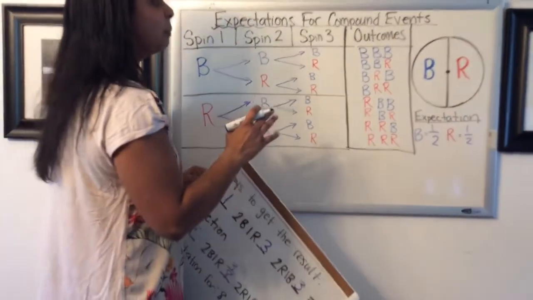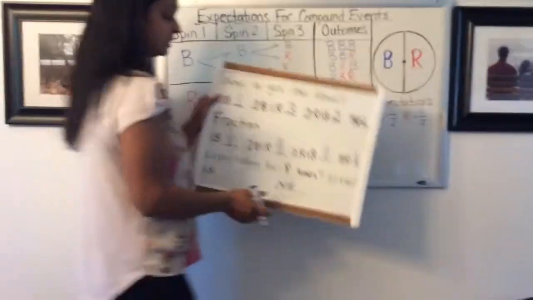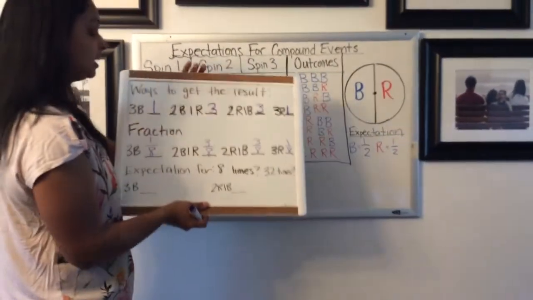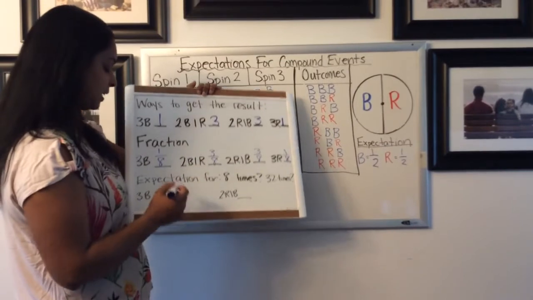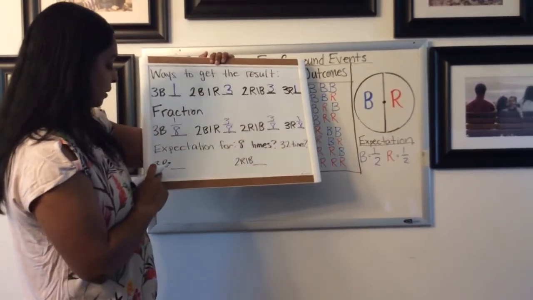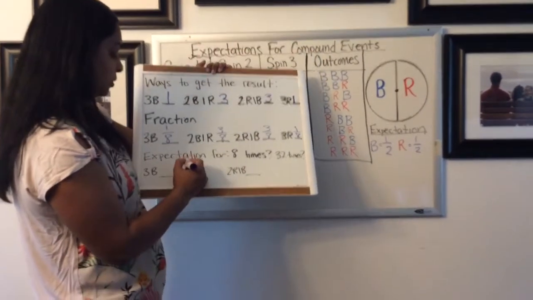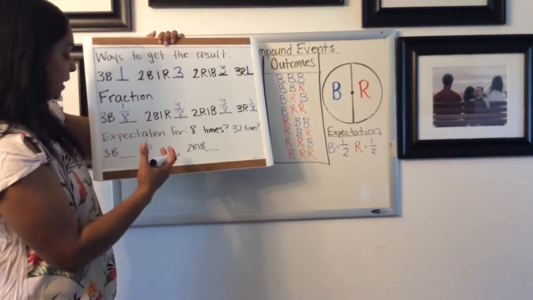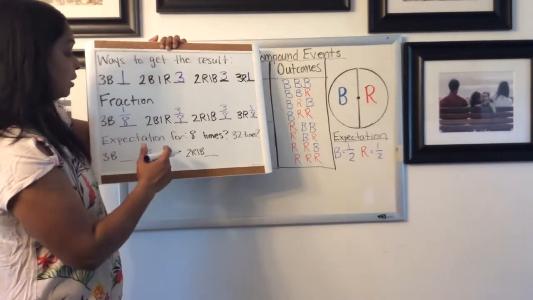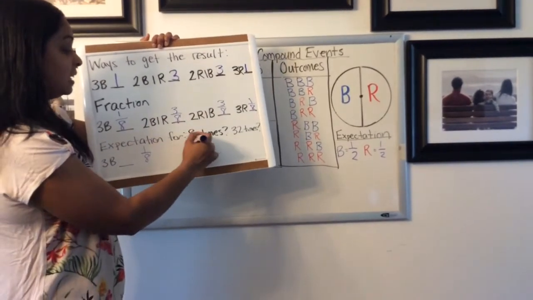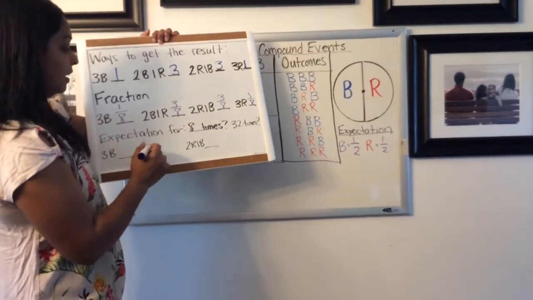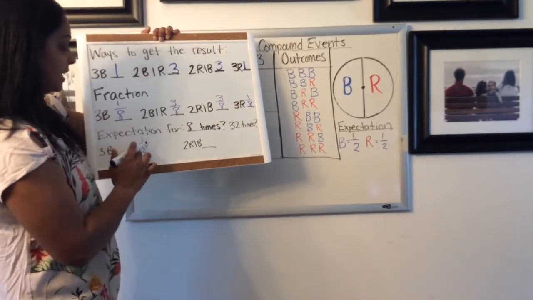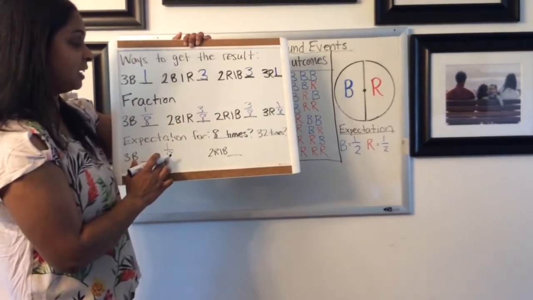Now let's say we play this game more than once. Then how will we write down our expectation? So for example, 3 blues, we know that that was 1/8. If we want to see how many times we would land on 3 blues if we played this game 8 times, then we would just read it as that, because our denominator is 8.